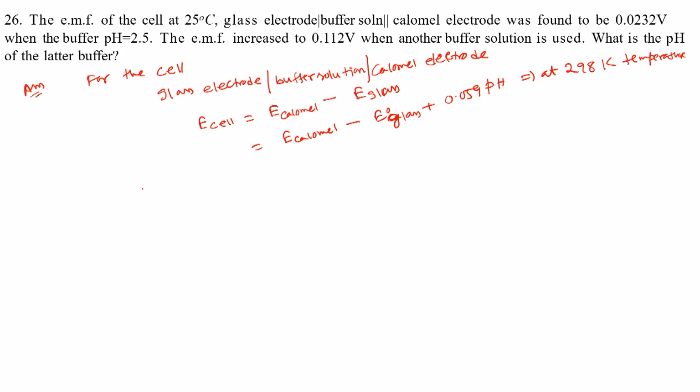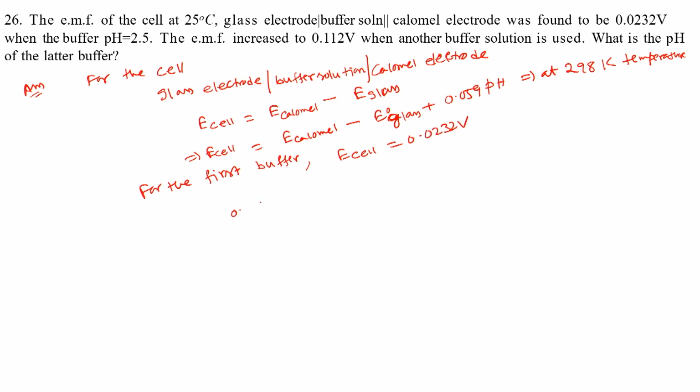Now, for the first buffer, E cell is 0.232 volt, right? It is given.